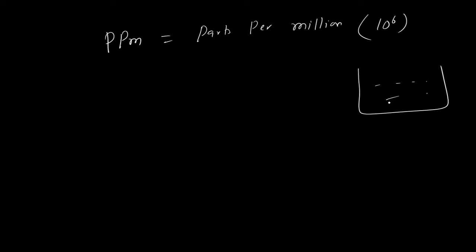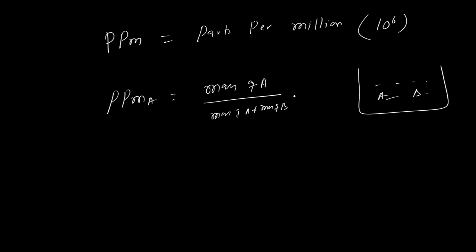Suppose we have components A and B. You have to find the ppm of A. So ppm of A will be the mass of A upon the mass of the solution, so mass of A plus mass of B, into 10 power 6.